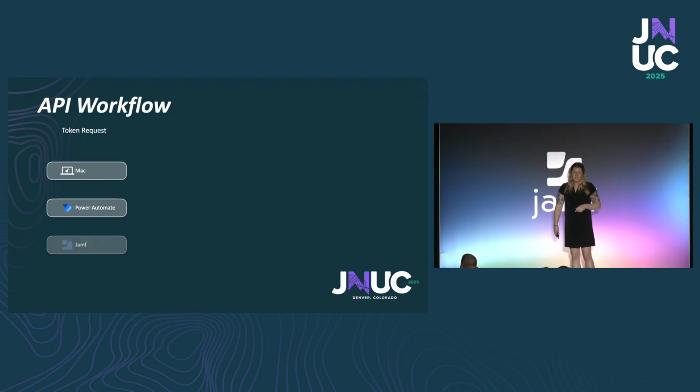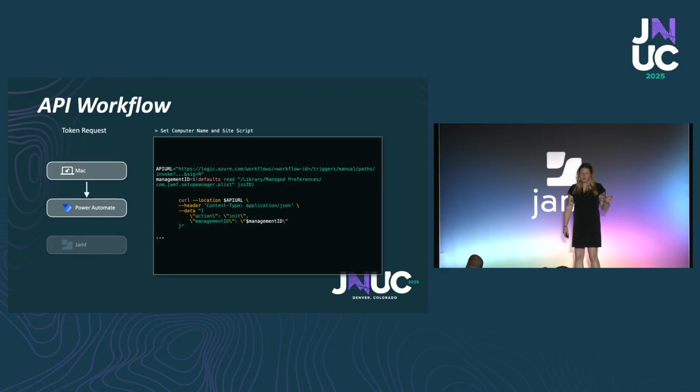So the device initiates an API call to Power Automate using our unique URL for that particular flow. It says, this is my management ID, and then it runs a curl command to that API URL with an action init, and then the management ID of itself.